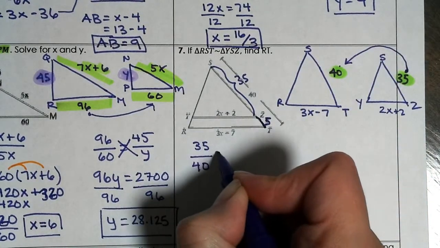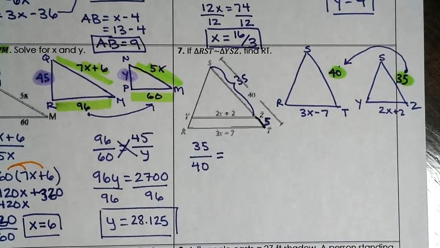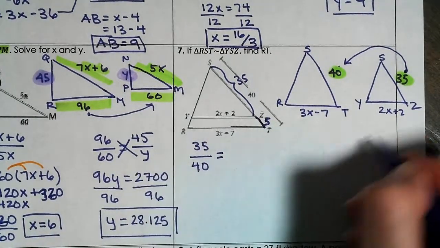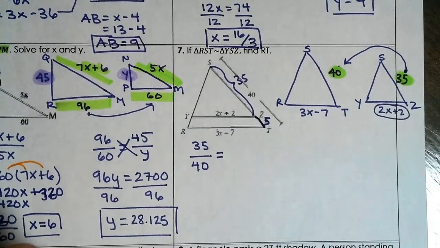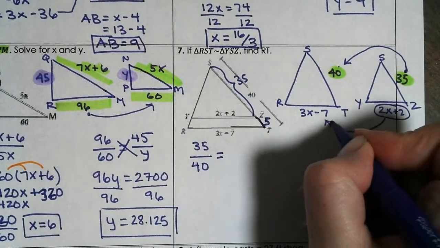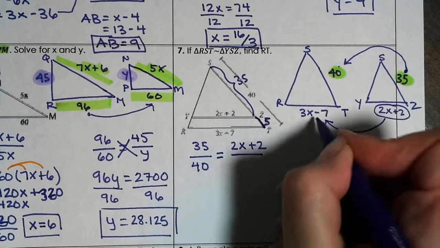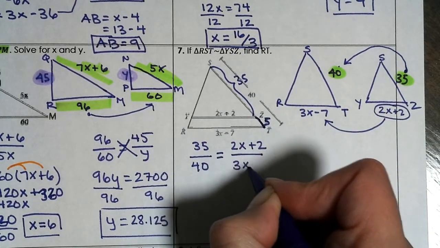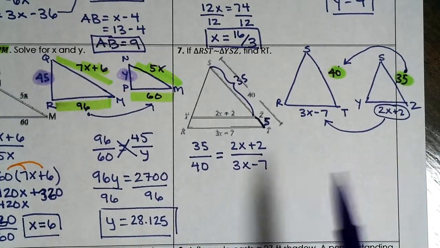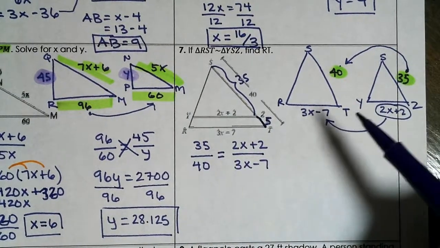And I'll get the same answer. It doesn't matter. So that just means when I write my next fraction, I have to start here with 2x plus 2. So I'm going to say 2x plus 2 over 3x minus 7. So you just want to make sure that you're matching up.